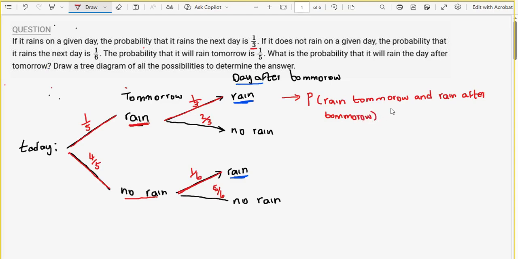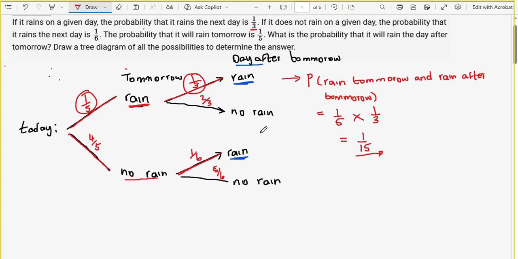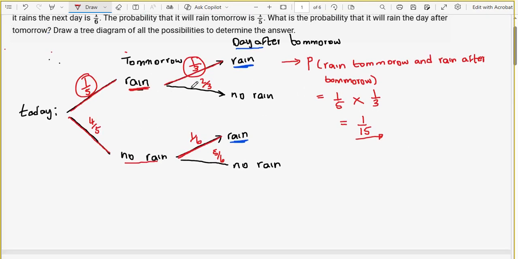So we need to first find the probability that it rains tomorrow, which is 1/5. Remember, these are dependent events. We multiply the two probabilities. You take this, you multiply with that. So it will be 1/5 times 1/3. What is your answer? It's just 1/15. Are you with me? Right. Then we are done with the first straight line, which was the one on top.